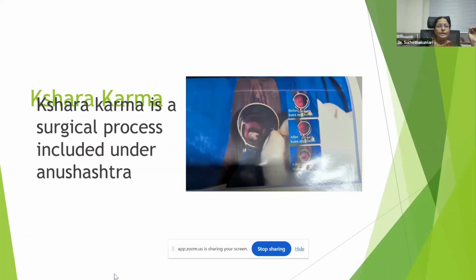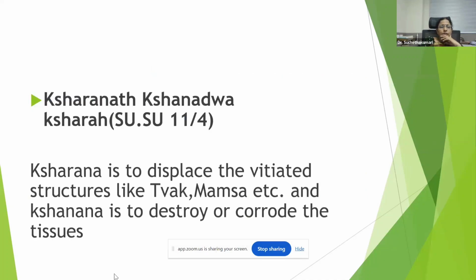Next is the Charakarma. This is a surgical procedure, usually classified under the Anu Shastras. Kshepana is to displace the vitiated structures like the Tvak, Mamsa, etc., and Ksharana is to destroy or corrode the tissue.